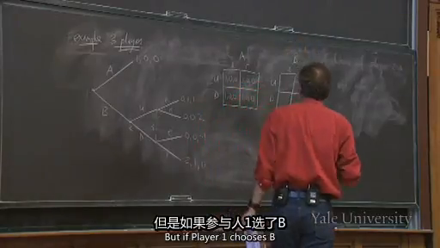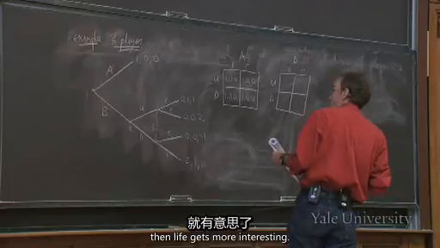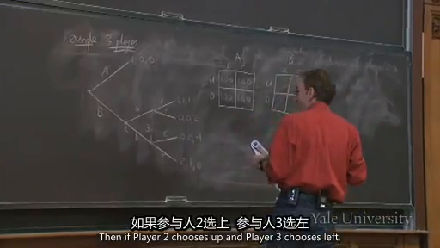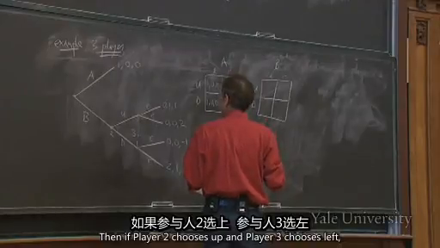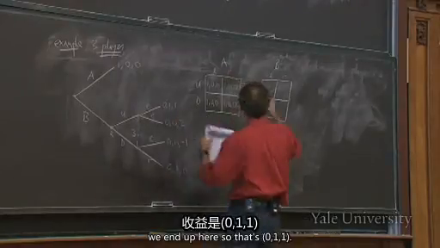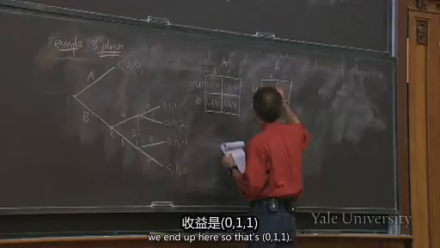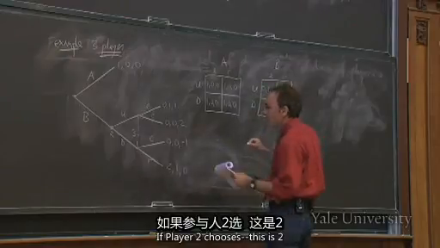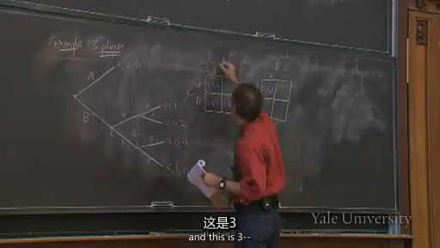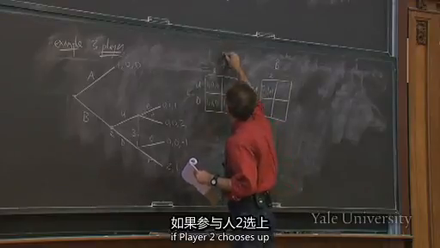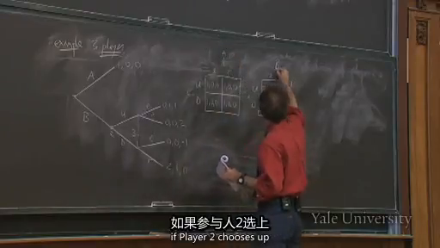But if player 1 chooses B, then life gets more interesting. Then if player 2 chooses up and player 3 chooses left, we end up here. So that's 0, 1, 1. This is 2 and this is 3.